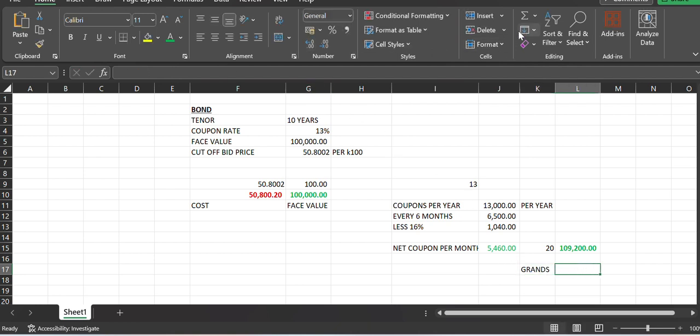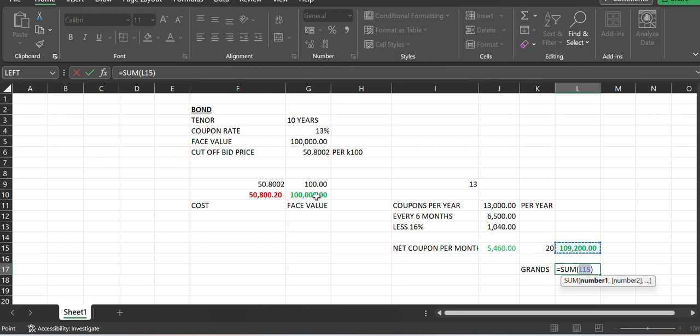Grand total from your investment will be what? Do you guys know where I'm getting at? Your face value plus your total coupons.